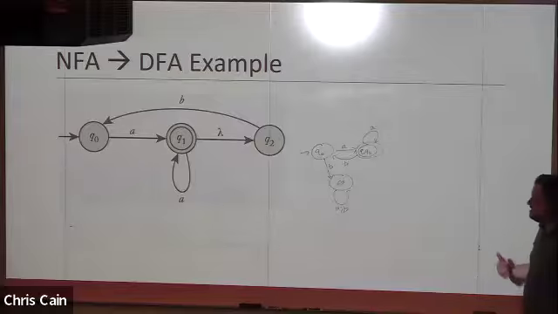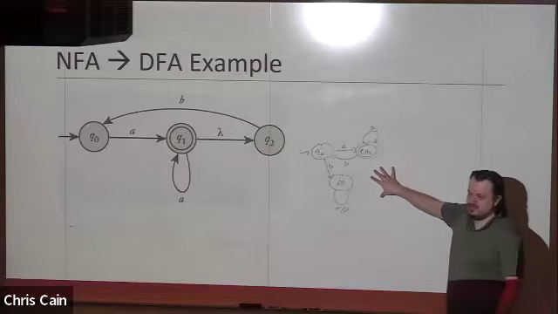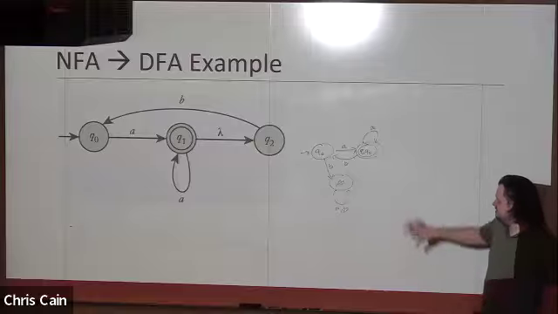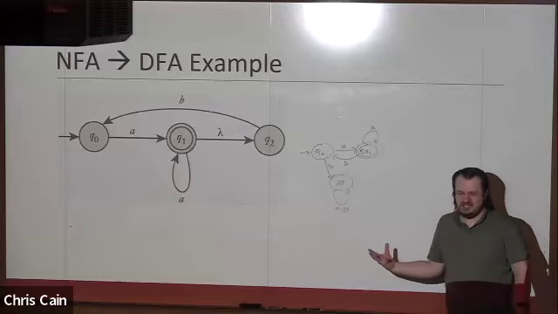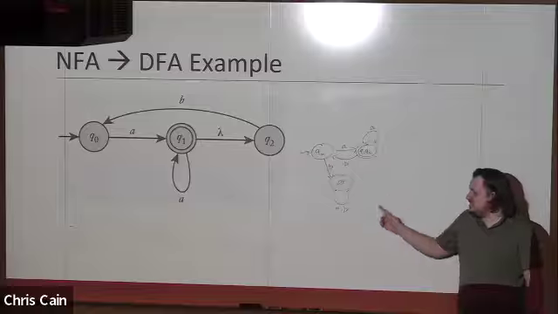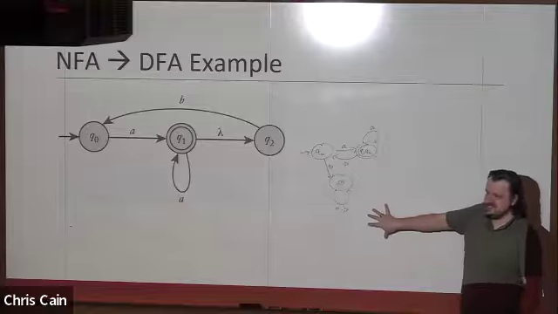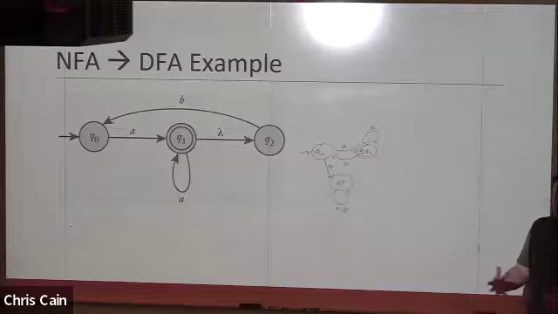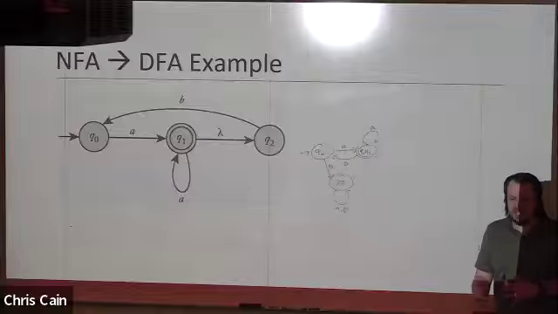You just loop this process until you have a total function. If at any point during this you add a new state, then you will have to determine the outgoing edges to that state. We just guarantee termination by the time we have 2 to the number of states in the NFA, number of states in the DFA, because that is all possible combinations of states that you can have.